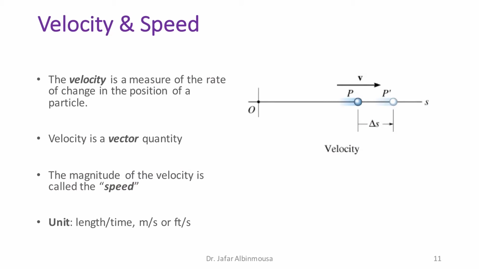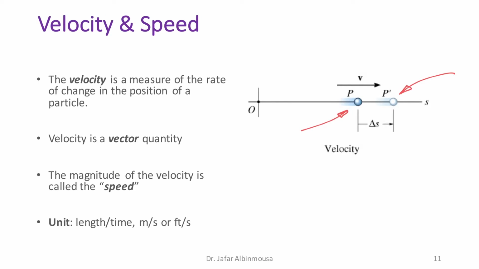Now, the speed and velocity. The velocity is a measure of the rate of change in the position of a particle. And the word rate means that it changes with time. If you look carefully at this diagram, you would see that the position of the particle at a given time was P, and then it changed to P prime.